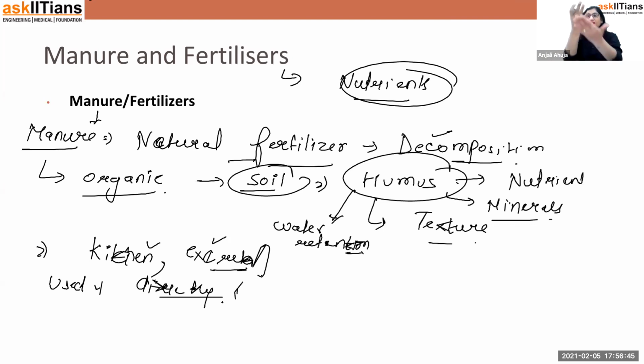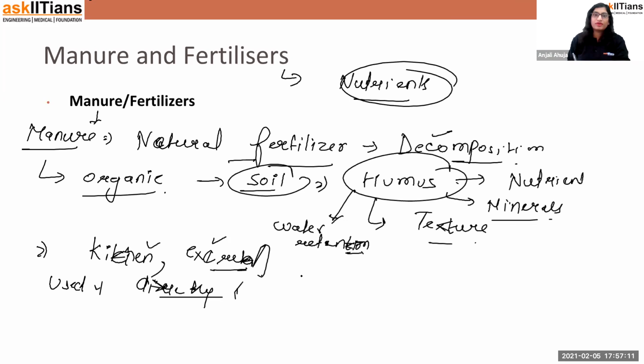They have made a big pit where they throw all the waste. When the season comes for growing crops, they take it to the field and use it directly. They collect the manure, the decomposition happens there, and that reaction takes place. So it is used directly. These points you can just say.